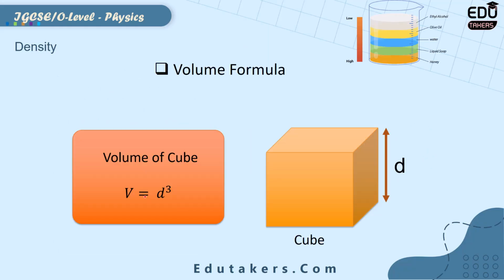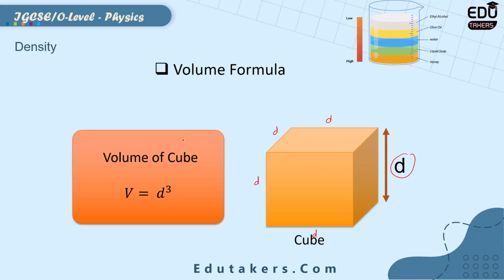If instead of sphere I consider that there is a cube, then how can you find out the volume of the cube? Again, as you know, the cube has all the sides of the same length. If all the sides have the same length, which is d, because one side here I consider has the length d.